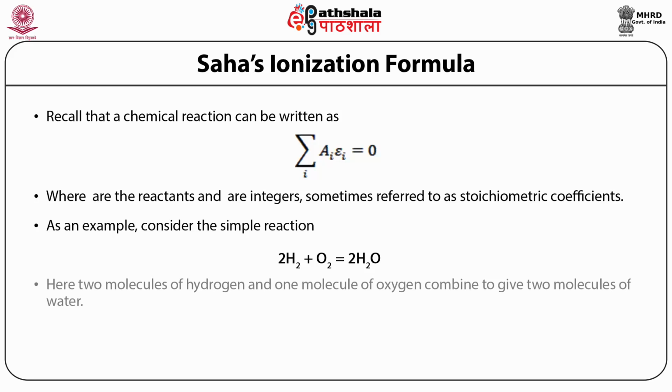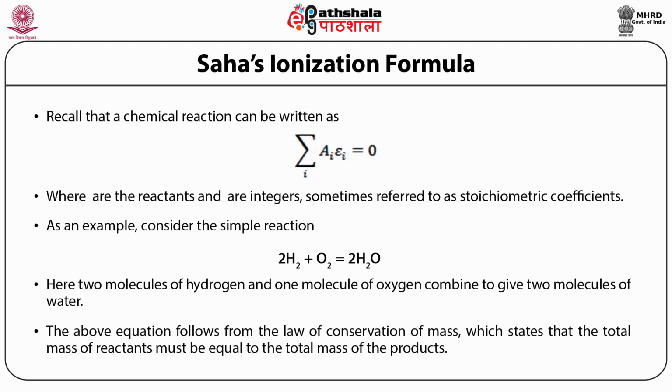equals 2H2O. Here, 2 molecules of hydrogen and 1 molecule of oxygen combine to give 2 molecules of water. Note that the coefficients of H2, O2 and H2O are all integers.